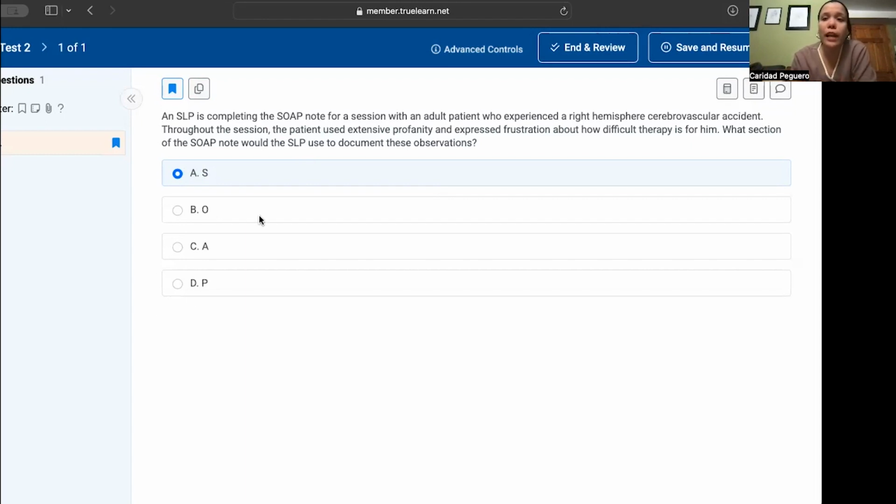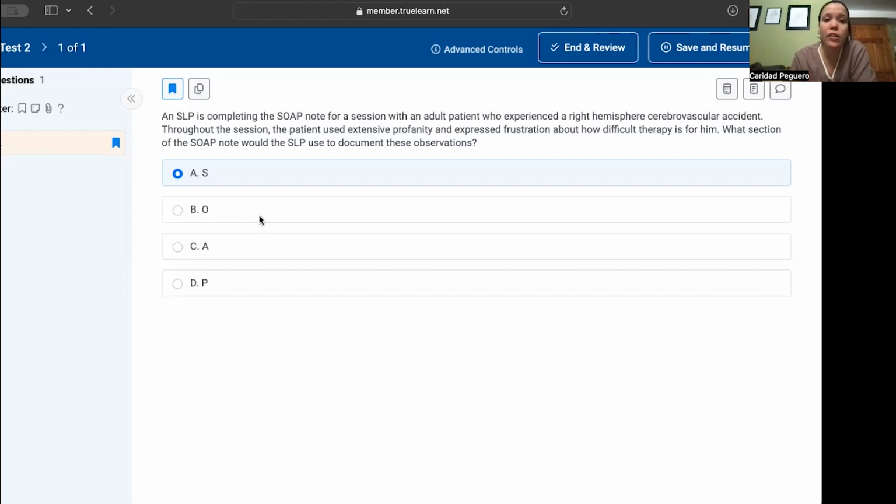So there you would write the goals and the targets for the session and things that you worked on. C is the analysis. So you would write the data of what the goals you were targeting had. And then D is P for plan. So you would write what the action steps are for the next session and whether you're going to continue the course of treatment that you have for the client.